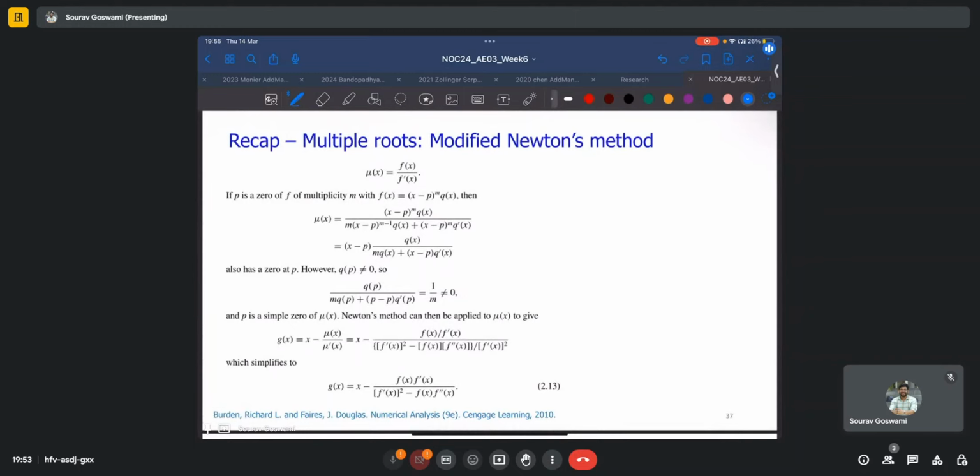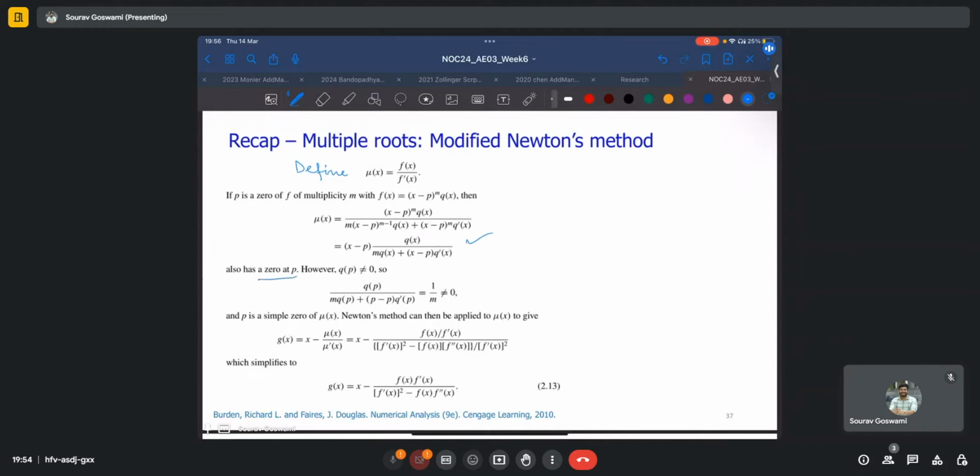And how Newton's method is modified to deal with multiple zeros is shown here. So we define this quantity mu(x) equals f(x) by f prime of x. If p is a zero of f of multiplicity m with f(x) equals (x minus p) to the power m times q(x), as we just saw a little while ago, then as per this definition, mu(x) will turn out to be (x minus p) times q(x) by m q(x) plus (x minus p) q prime of x, which will again have a zero at p.